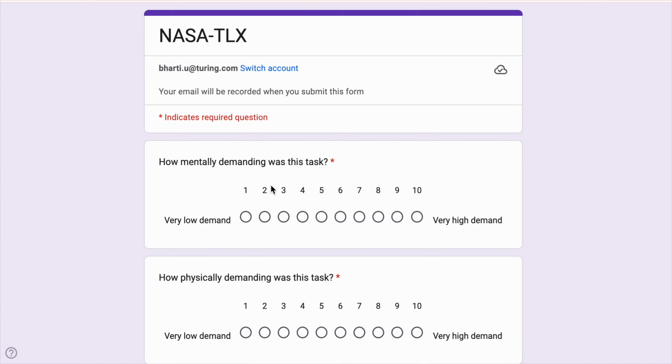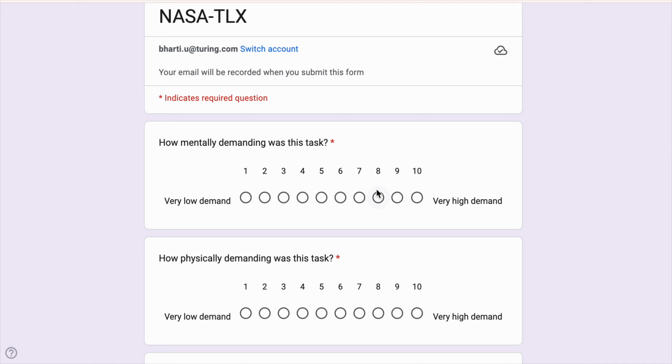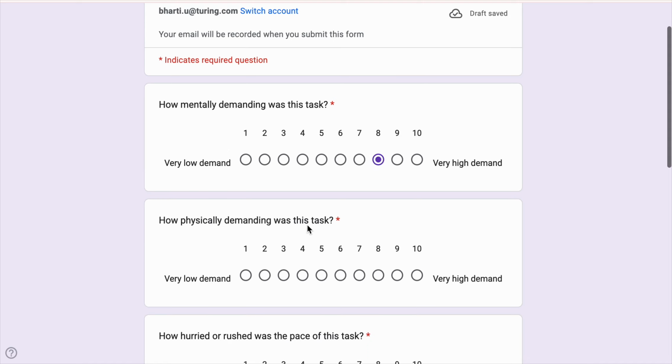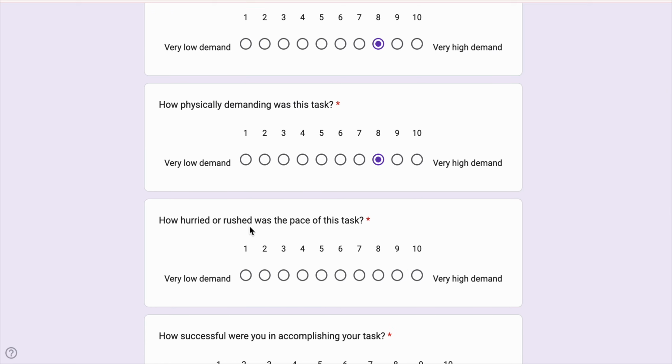How mentally demanding was this task? Good. How physically demanding? Is good. Not very. How hurried or rushed was the pace of this task? Normal.